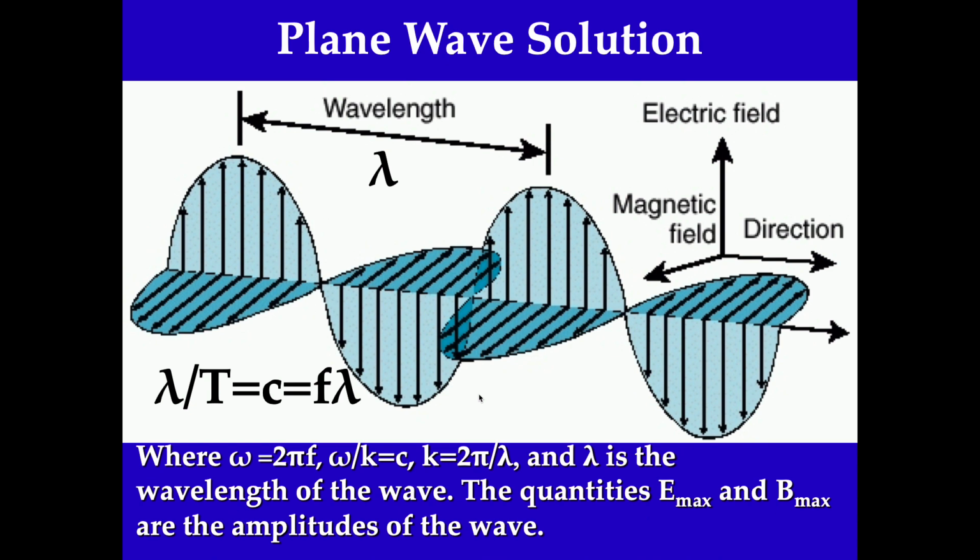So, here's where I am waving my hands, because I'm not going to solve Maxwell's equations, since that's quite complicated. But I'm going to tell you something about the solutions, especially for the case where the source of the electric and magnetic fields is really far away.